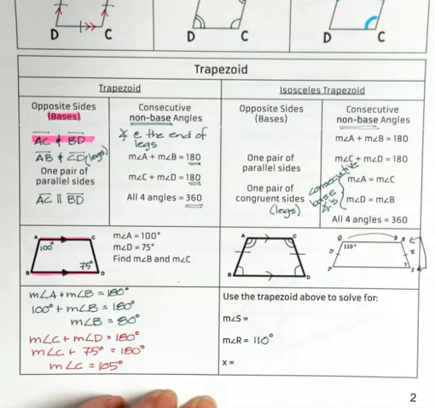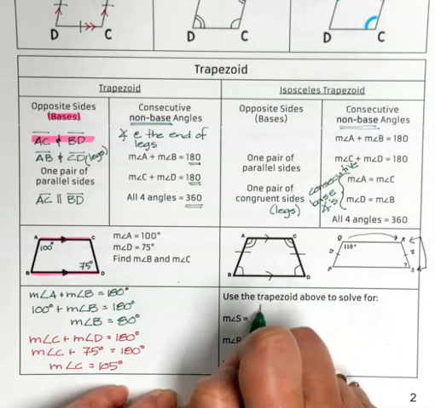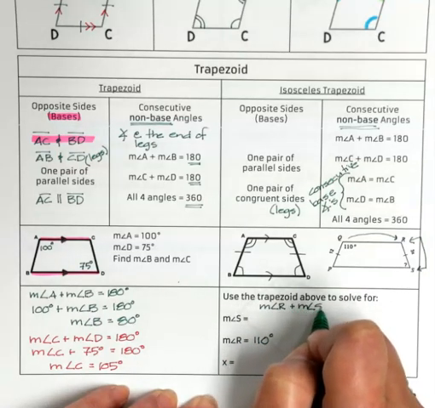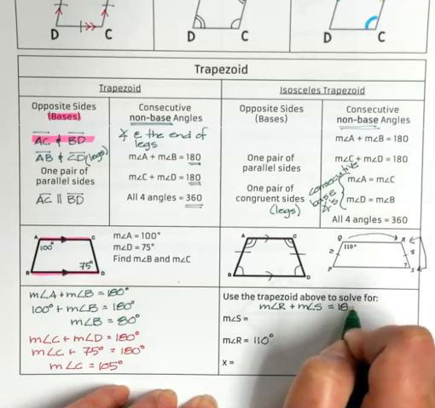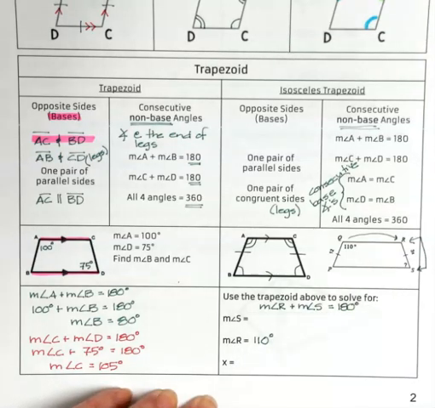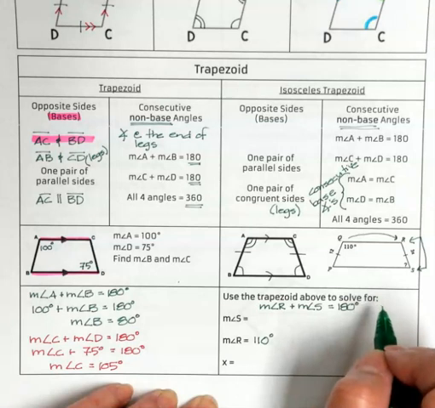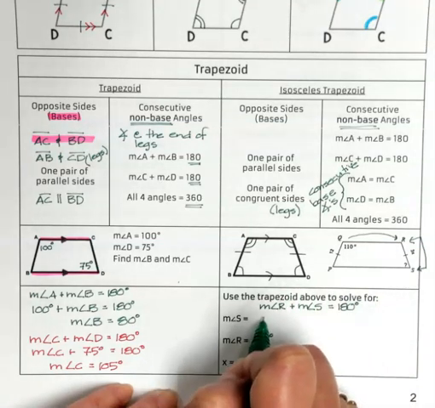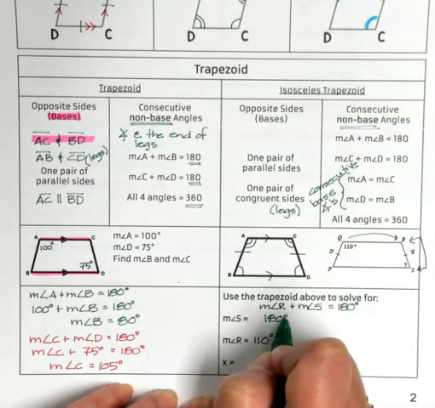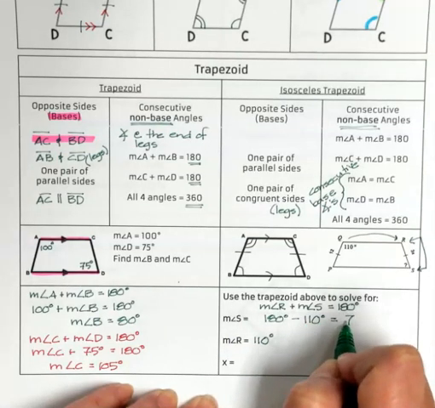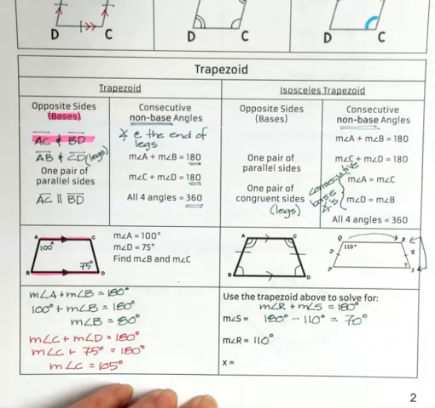Consecutive non-base angles are supplementary. So that means I have the measure of angle R plus the measure of angle S equals 180. The old part plus part equals whole. R is 110 degrees, so the measure of angle S will be 180 minus 110 degrees, which gives us 70 degrees.